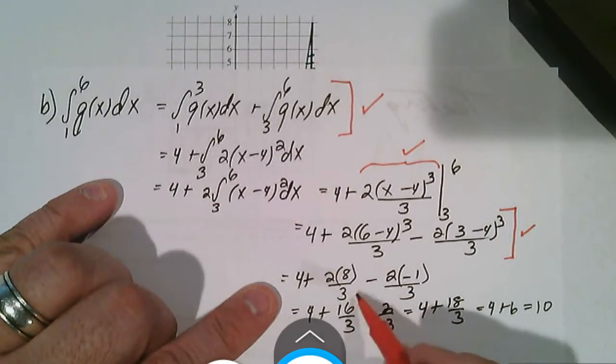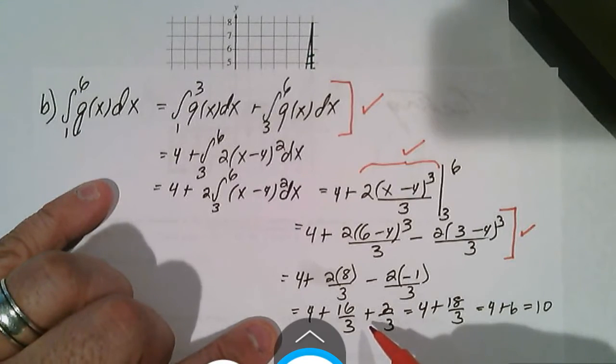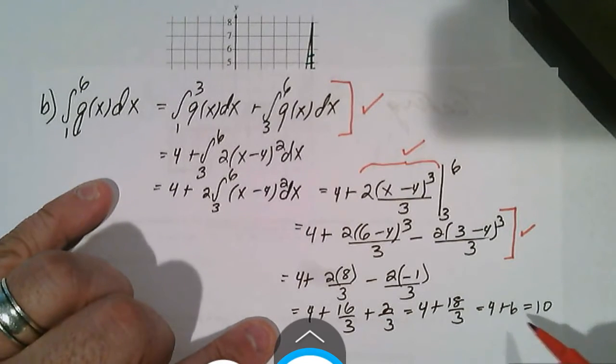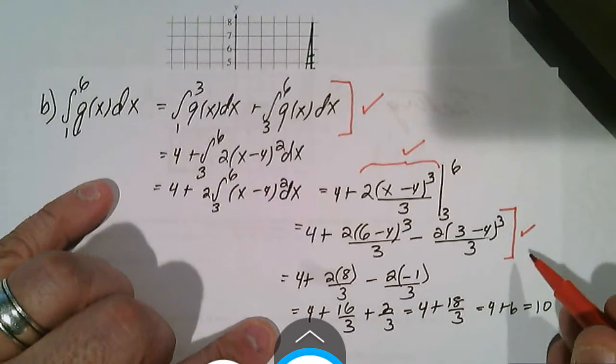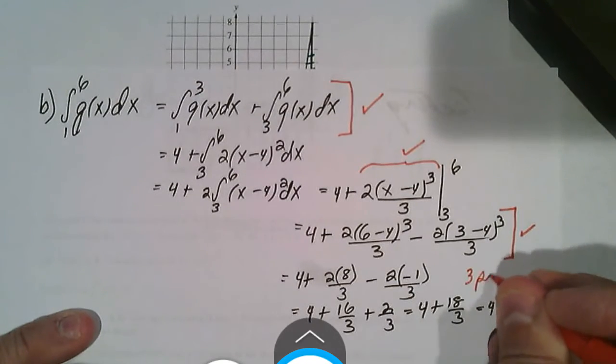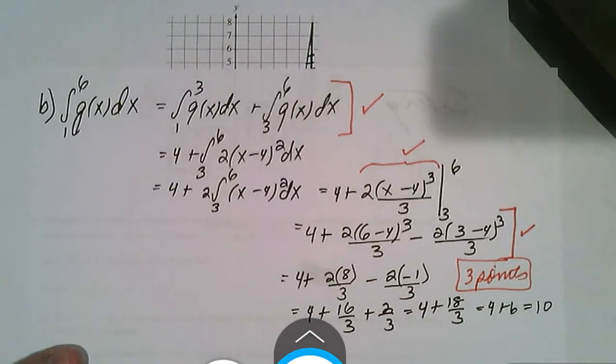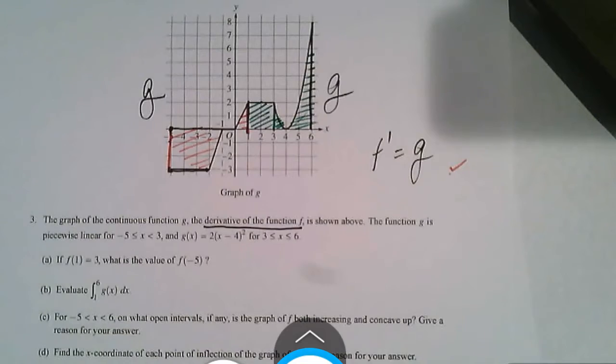But again, look at how much work you had to do and how many maybe careless mistakes could creep in, and what they would do is they would withhold this third point from you. So free response part of the exam, don't simplify, just get there and move on, and that gets you 3 points. All right, let's look at part C.